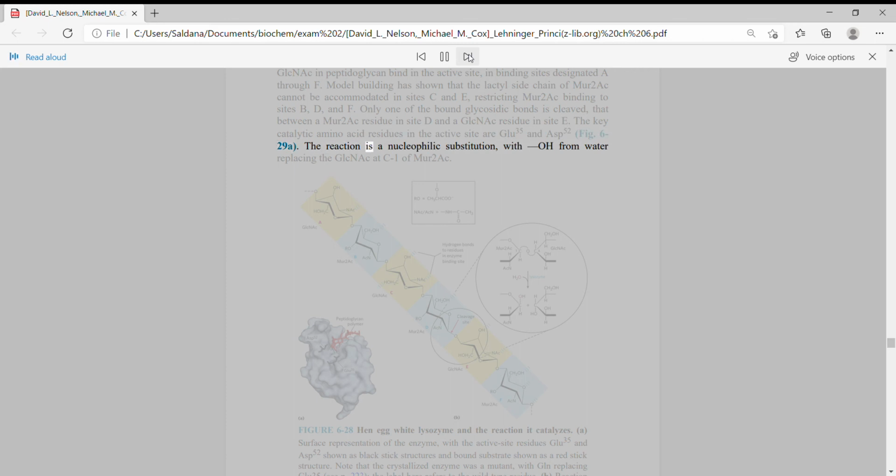The reaction is a nucleophilic substitution, with OH from water replacing the GlcNAc at C1 of MurNAc.